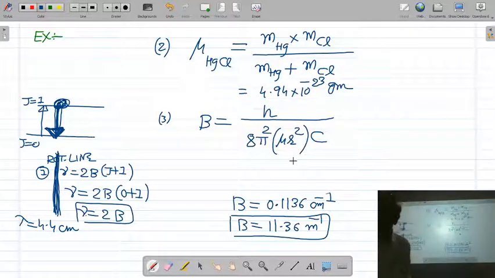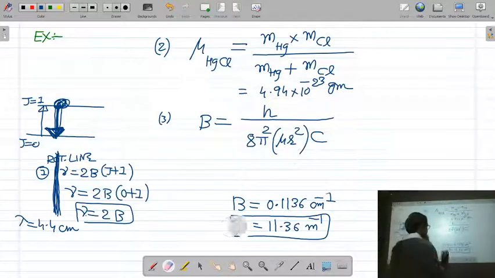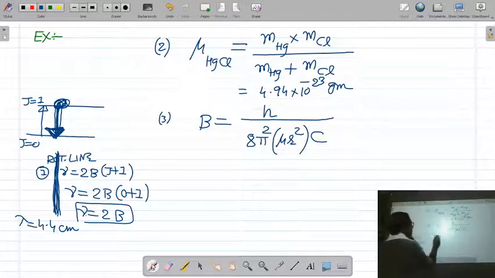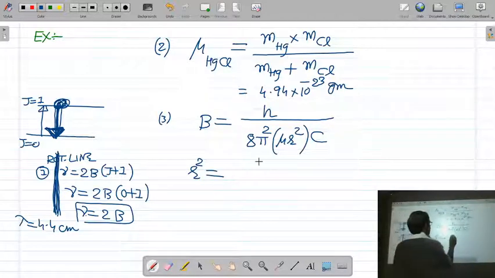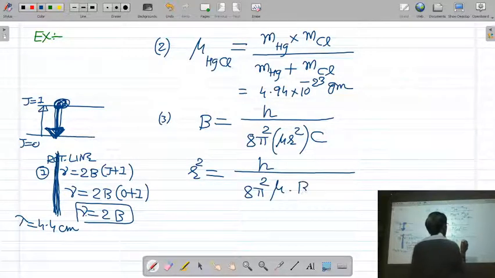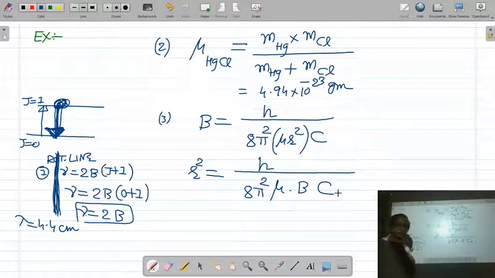You are asked to calculate the internuclear distance r, so from this equation, r square is equal to h upon 8 pi square mu B c. You know all the values. I am not going to put the values.